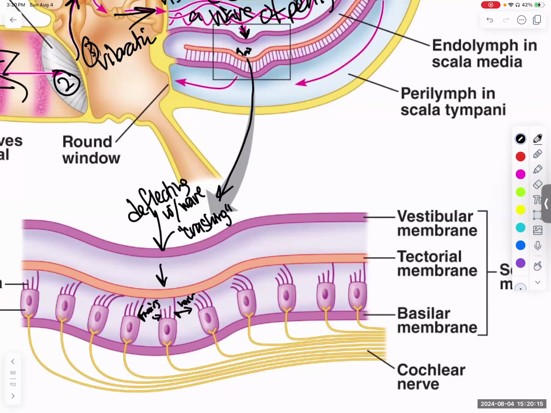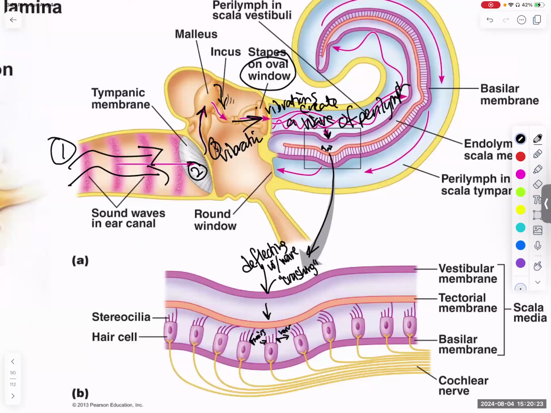And they're going to mechanically open up potassium channels, which will then depolarize and create an action potential. That's if that sound wave hits in the right spot. If we don't have receptors for that particular pitch, it's too high of a pitch, that energy just goes through and comes out the round window.